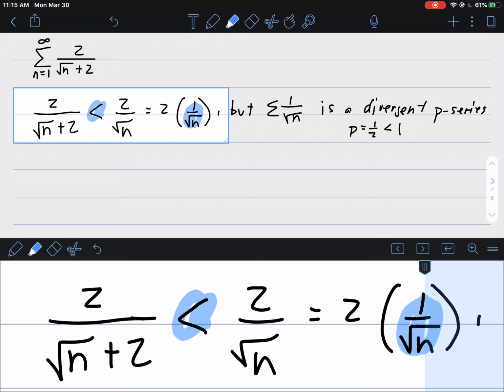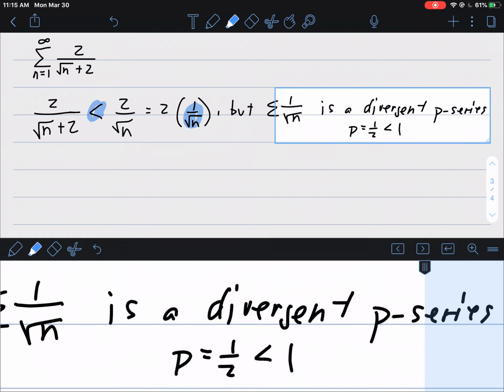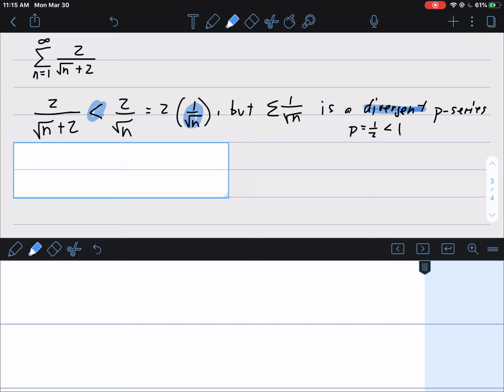So I recognize that comparing it to this p-series is an appropriate comparison, but the direct comparison doesn't work, because our series is smaller than a divergent series. That's what leads us to the limit comparison test. So direct comparison doesn't work. Let's try the limit comparison test.